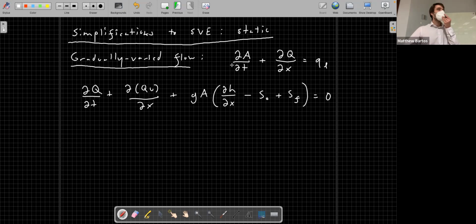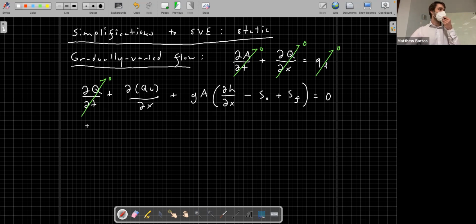I think my mic just fell off. I'll just talk really loud. Okay, so for the static case, all our time derivatives go to 0. Okay, so this goes to 0, this goes to 0. And we're also going to assume that there's no lateral overflow. So this goes to 0, which means that this term here also has to go to 0. And what you end up with is just this part of the momentum equation. If you rearrange this, you get the same gradually varied flow equation that you got in hydraulics, okay?